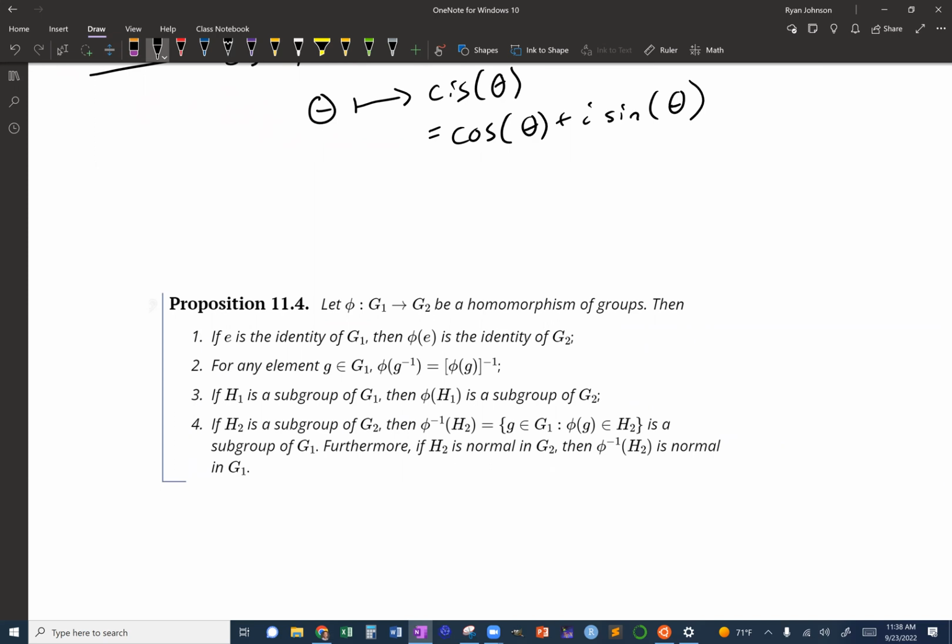It's going to send subgroups to subgroups, and the inverse image of a subgroup is also a subgroup. So the subgroups to subgroups thing works both ways. And if you have a normal subgroup in the target, then whatever you sent to that normal subgroup is a normal subgroup in the source.